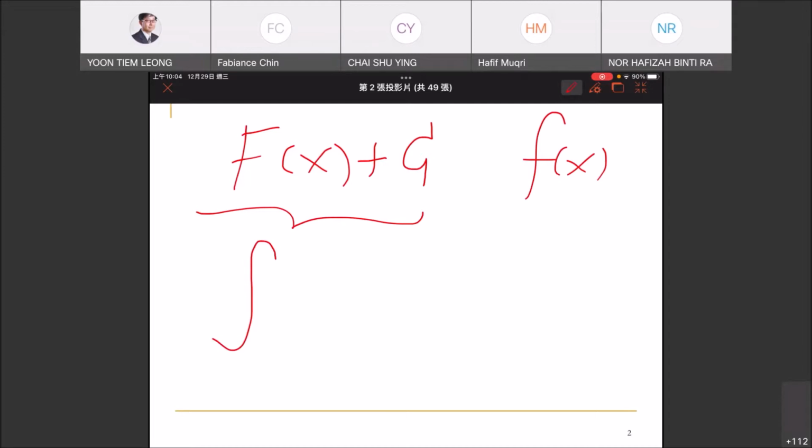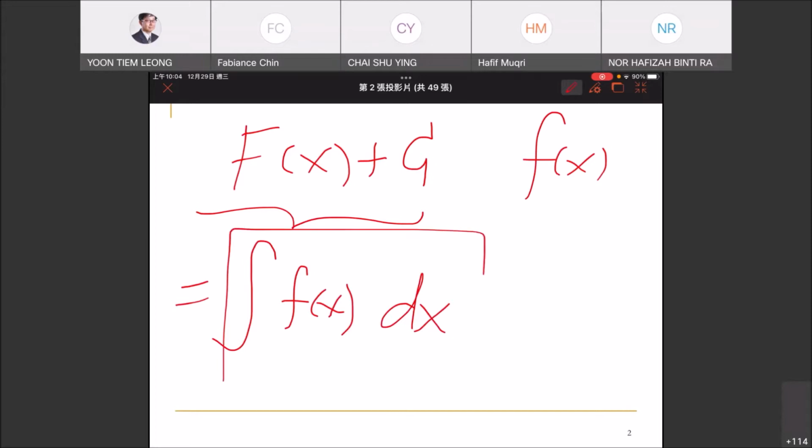And the integral sign will omit the small function f(x). So this is a symbol or a mathematical notation that represents the antiderivative of the small function f(x).